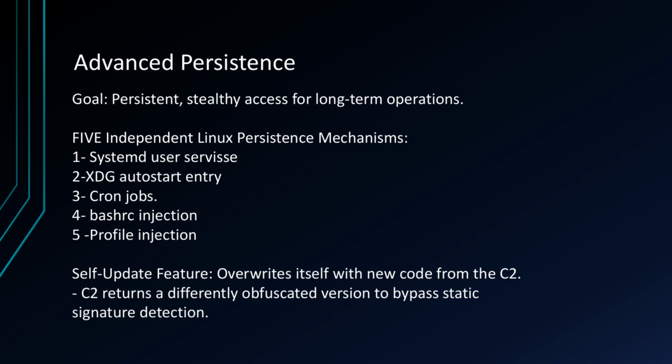These mechanisms include systemd user service, xdg autostart entry, cron jobs, bashrc injection, and profile injection. Finally, it possesses a self-update feature. When updating, the C2 returns a differently obfuscated version of the code. This polymorphism is deliberately designed to bypass static, signature-based detection systems.